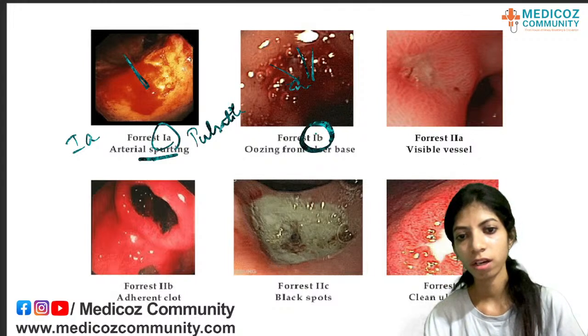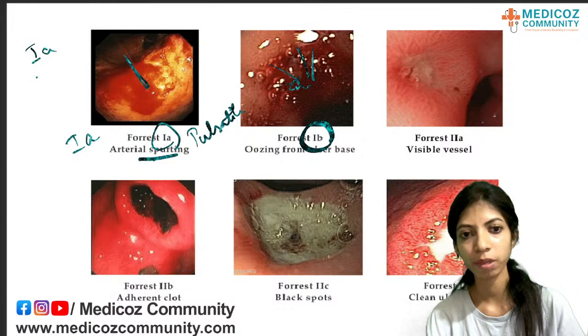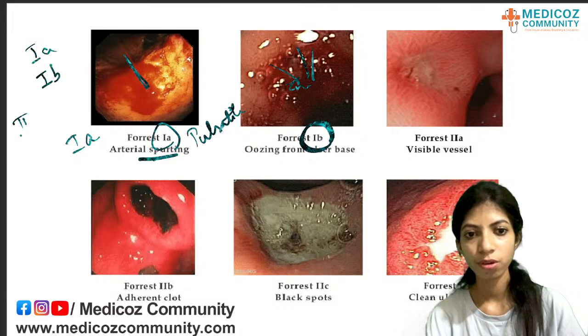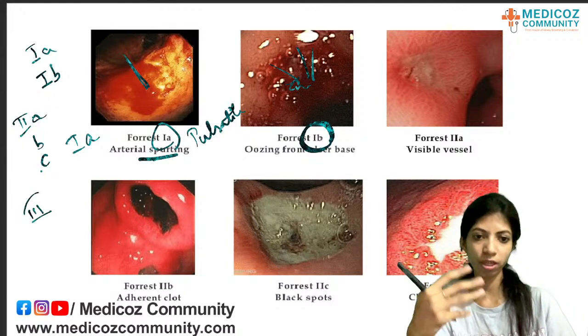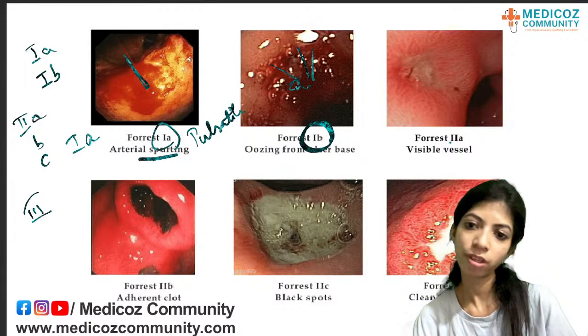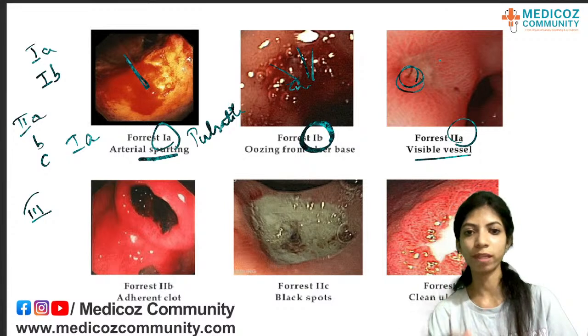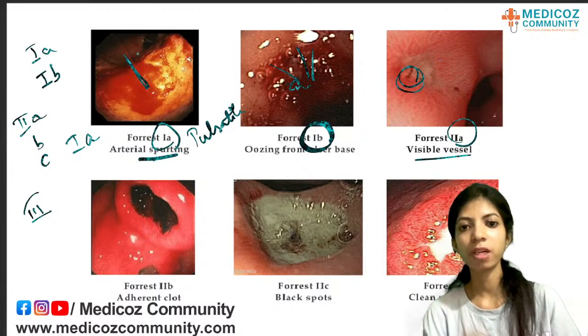You have your 1A, 1B, you have your 2A, 2B, 2C, and in 3, you have only 3. In 2A, the vessel is visible, but there's no bleed. If there is spurting bleed, it's 1A. If there is just an ooze, it's 1B.